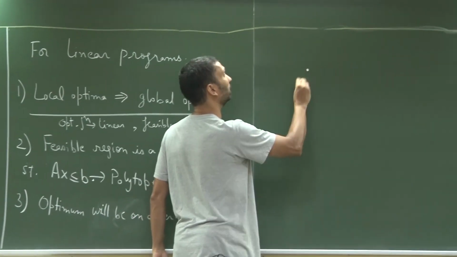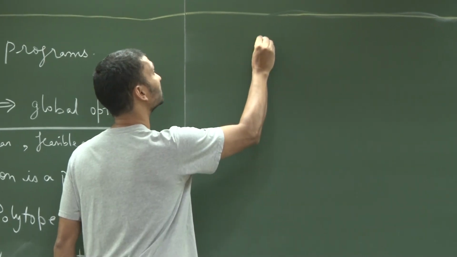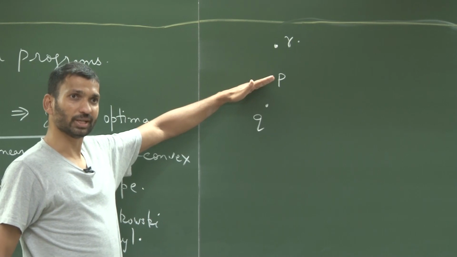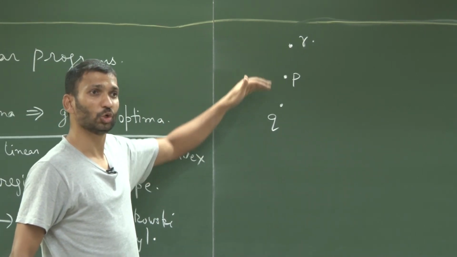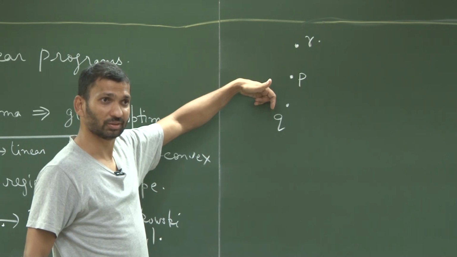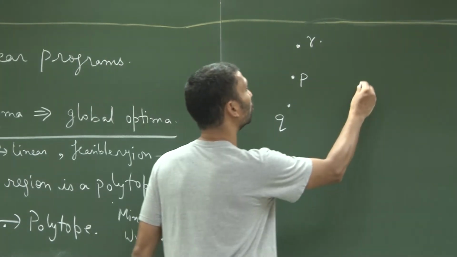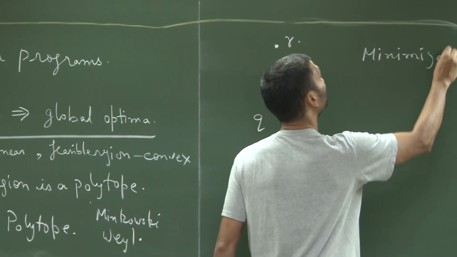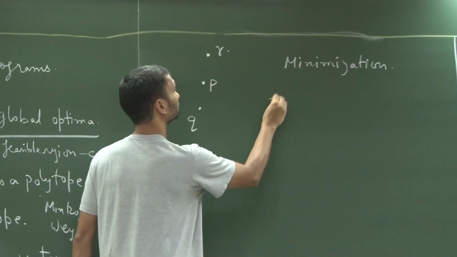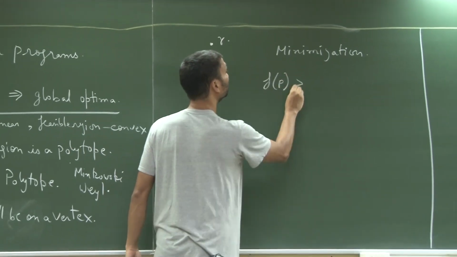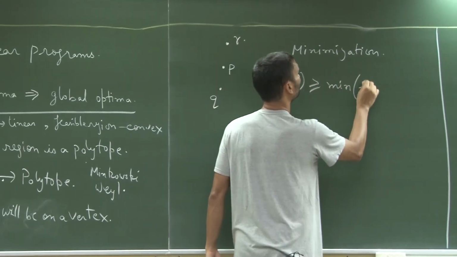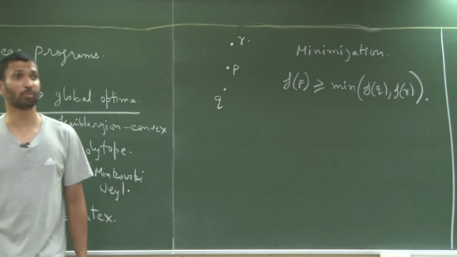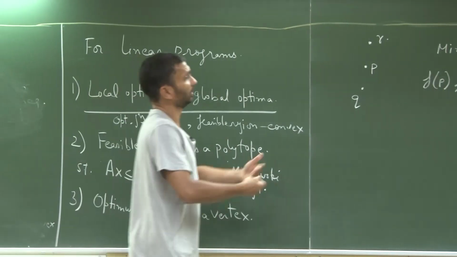If I take a point P that is not on the boundary, that means it can be written as a convex combination of 2 points Q and R. Then, if I am interested in a minimization problem, I can show that f of P would be greater than or equal to the minimum of f of Q or f of R. And it is easy to prove.